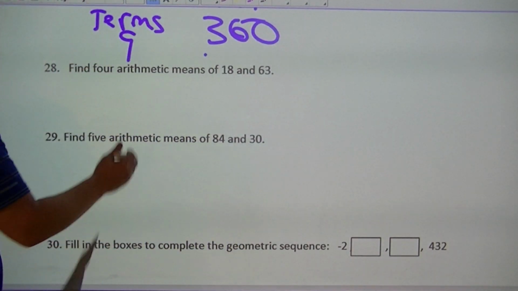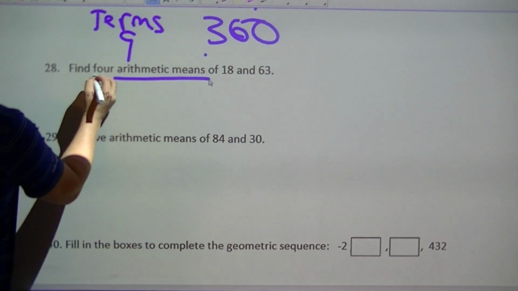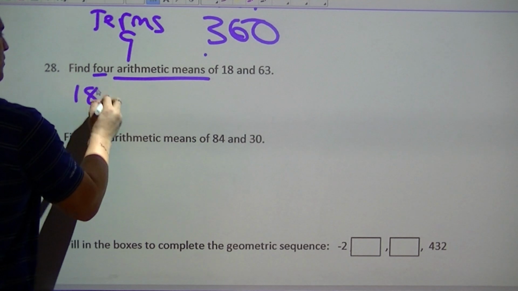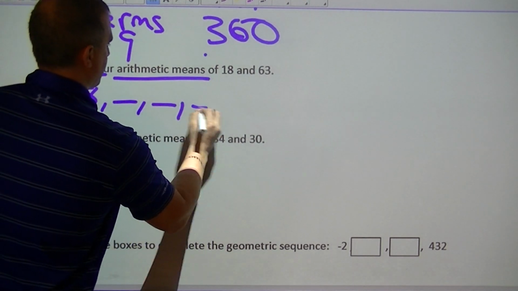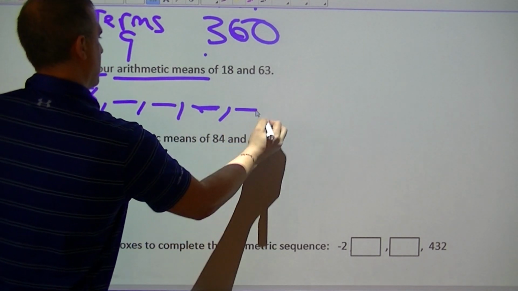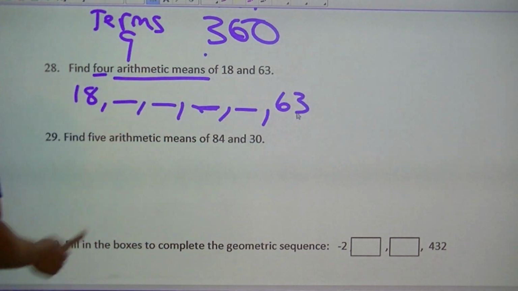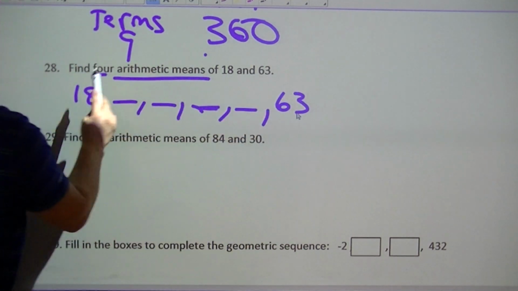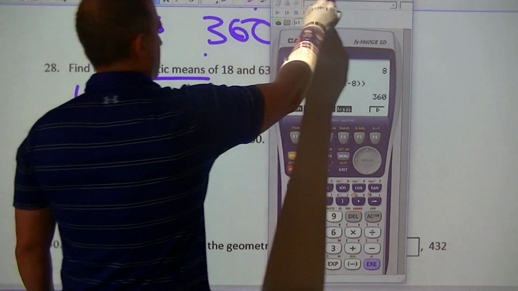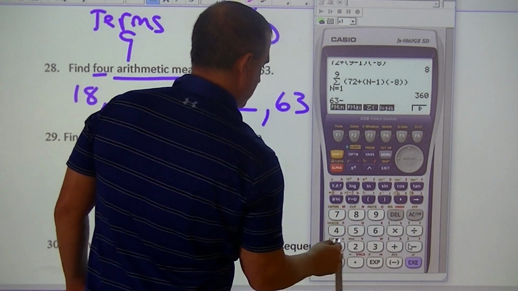Now, when you have arithmetic, 4 means I've got 4 spaces between that number. Now, when it's arithmetic, what I want to do is subtract big from small.